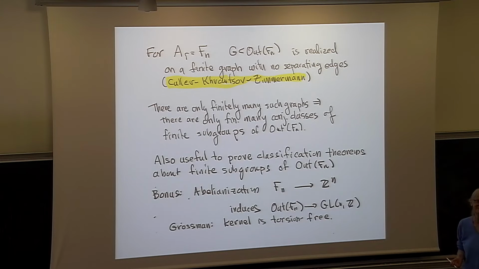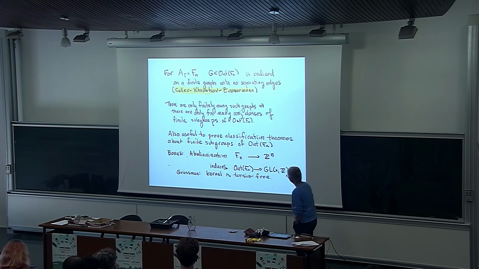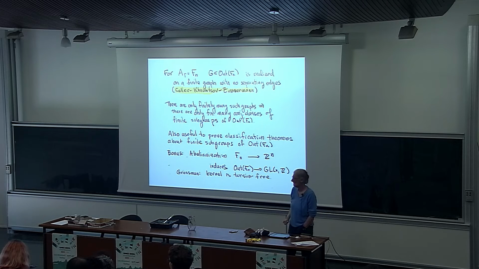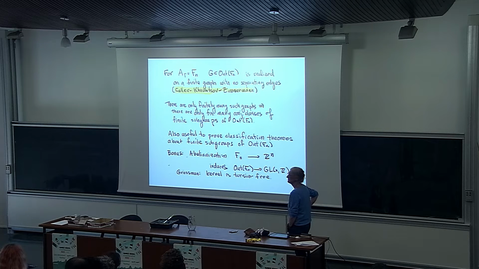Yeah, I guess so. Okay, this is another proof. That's the proof I want to look at. But no, the kernel being torsion-free probably uses this. I'm not sure how she proved it. She proved it before these guys proved their theorem.